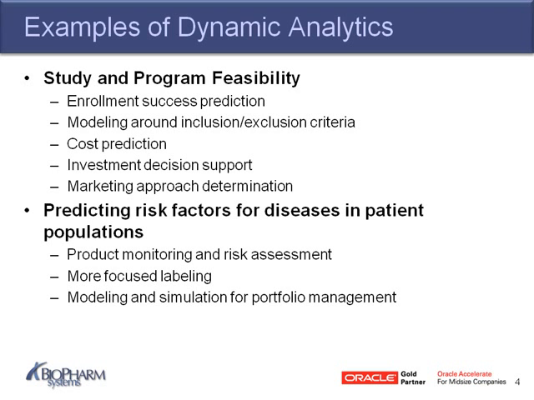If you know the prerequisites for the subjects, what are the inclusion-exclusion criteria you are trying to put together? Will you be able to recruit that patient population over time? And what will be the cost of that recruitment?